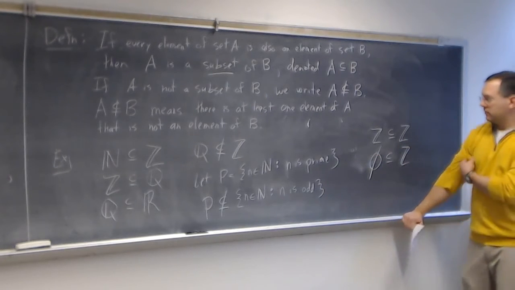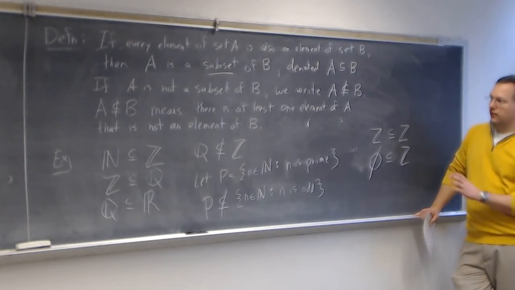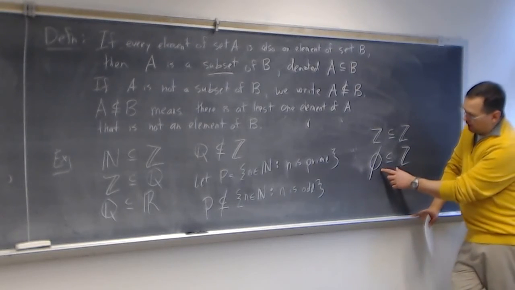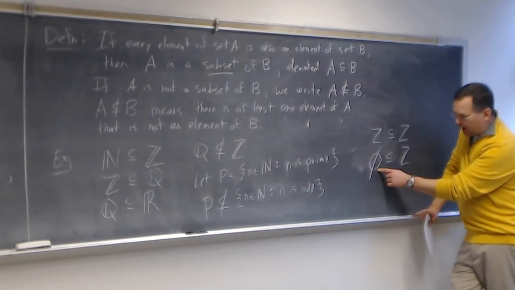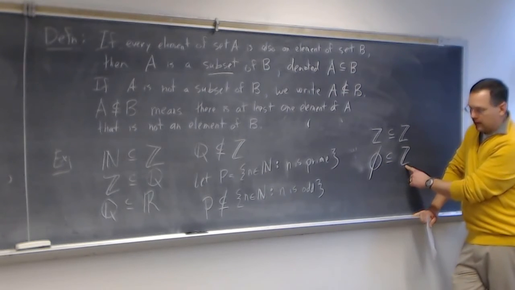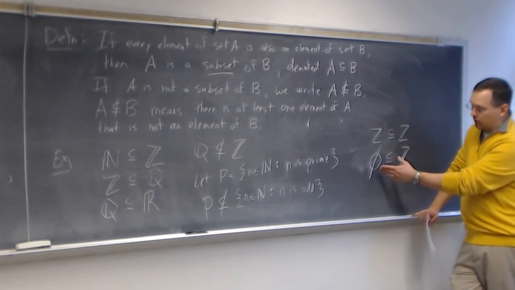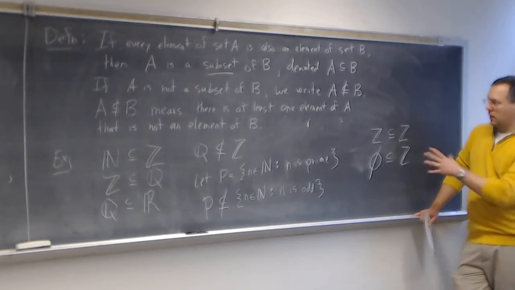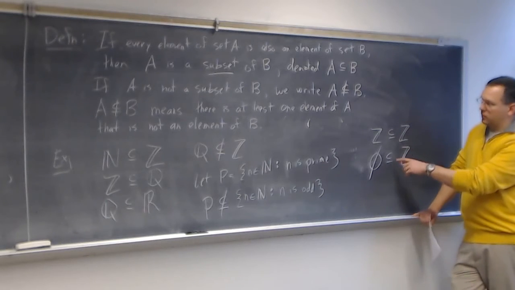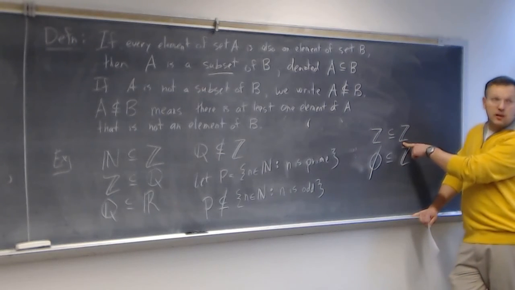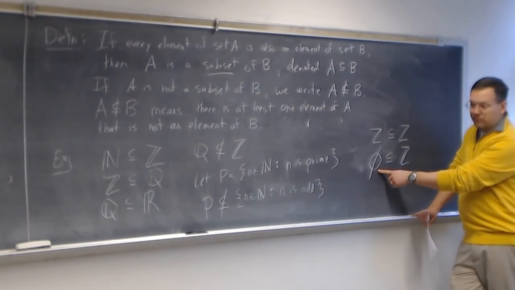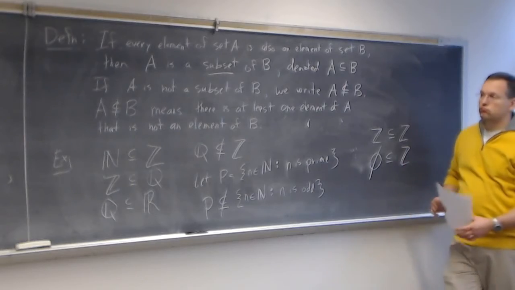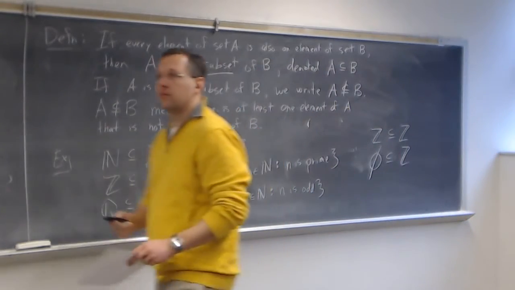It's kind of a logical argument. If this was not a subset, then you could find an element of this set that is not in the other set. But you can't do that, so therefore this has to be a subset. Okay? A couple of things I want to point out with these two examples. Every set is a subset of itself. The empty set is actually a subset of every other set. Okay, so that's a little fact. Maybe I have to write that up.